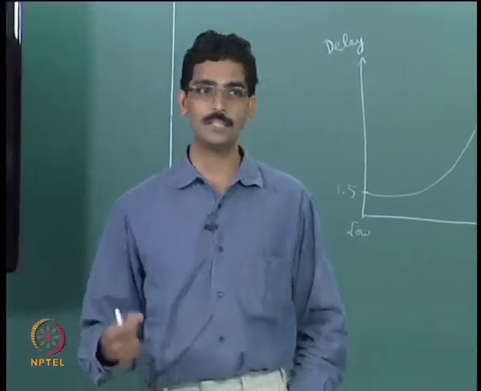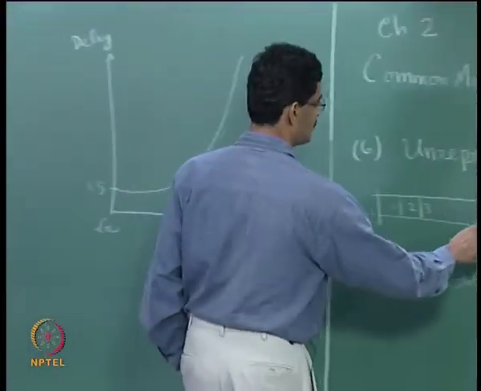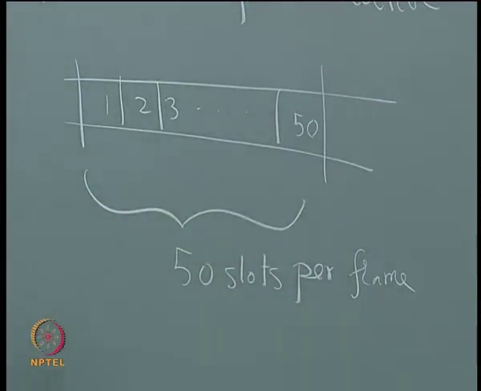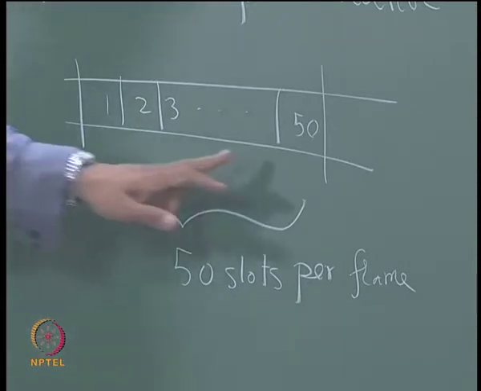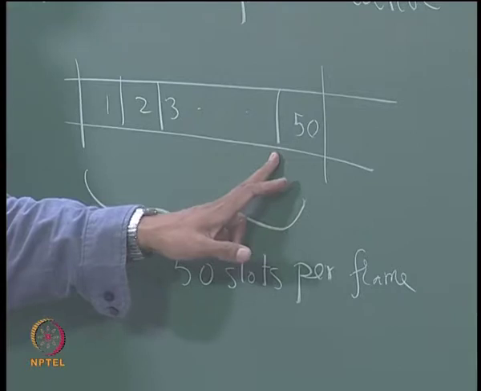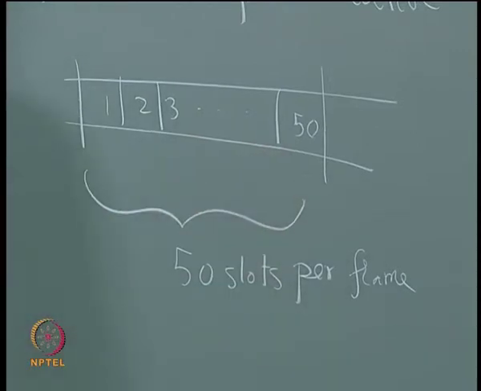Or in the worst case your packet arrived just after your slot finished, in that case you have to wait for the entire cycle. So if it arrives just before your slot, waiting time is almost 0, if it arrives just after, you have 50 units of waiting, therefore the average you will see is 25, right.